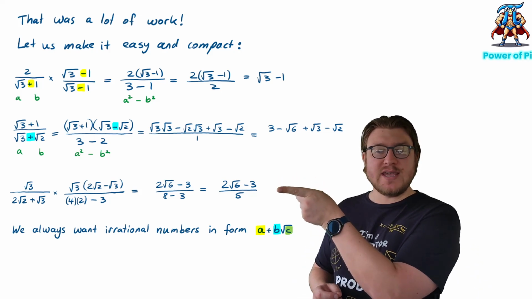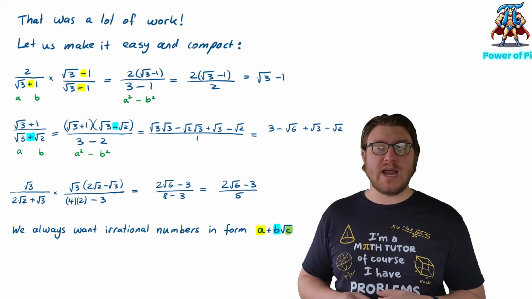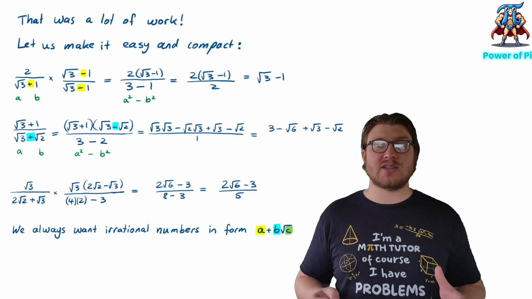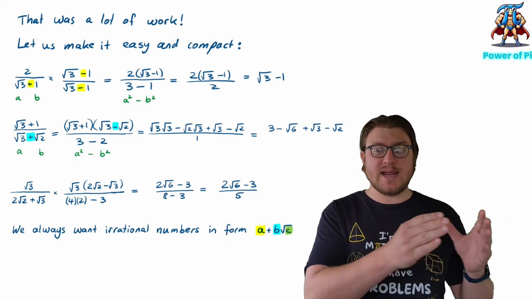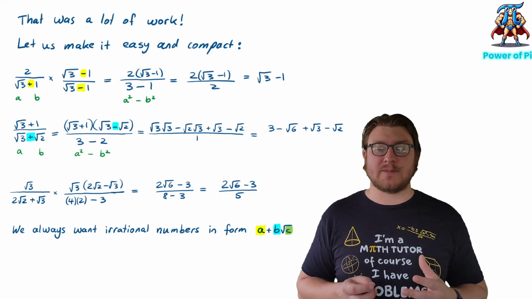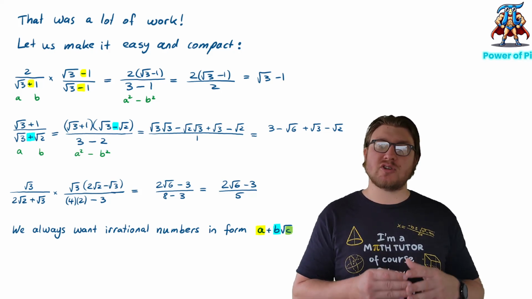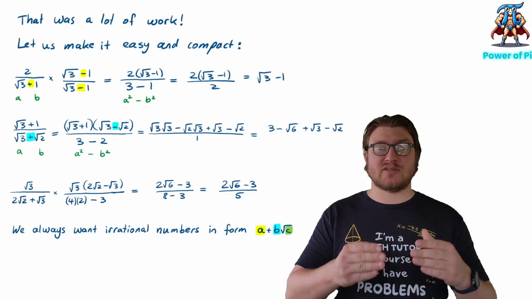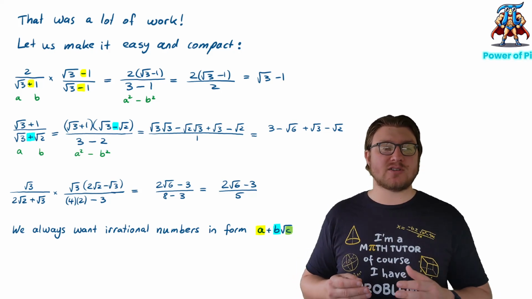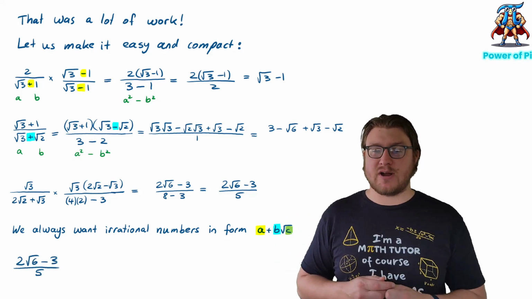This number over here still is a fraction. So what we're going to do, once we have eliminated the square roots in the denominator, we can take separate approaches at taking these apart. So we're going to separate our fraction. The first part is going to be 2 root 6 divided by 5. The second part is going to be 3 over 5 and a negative in front.